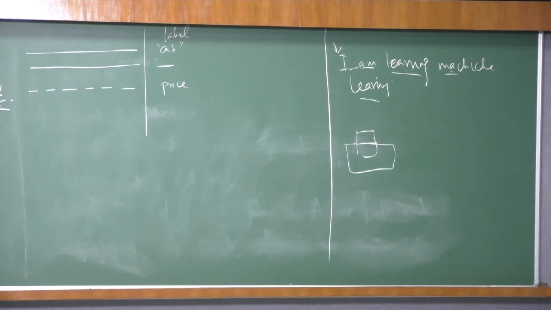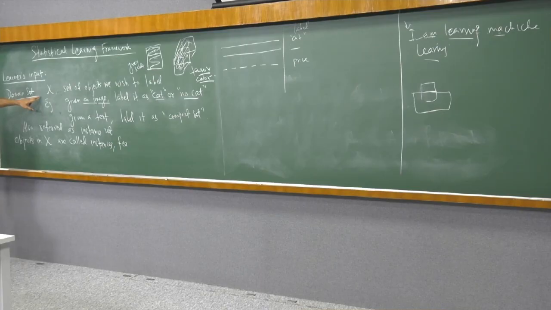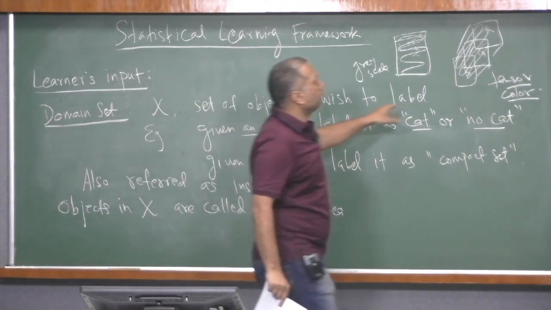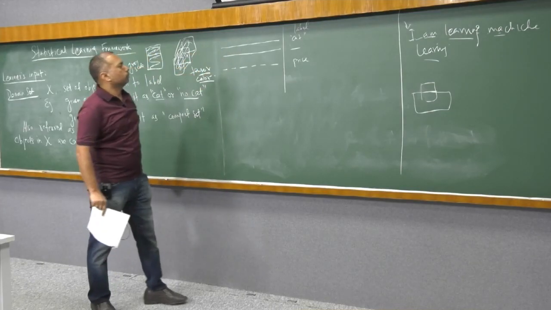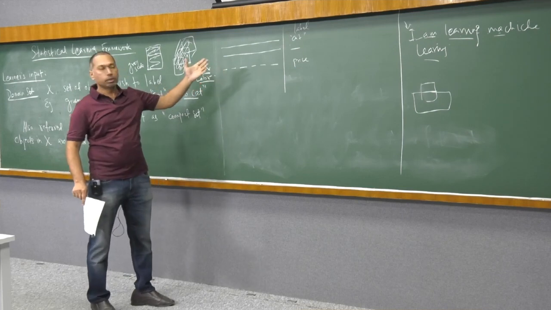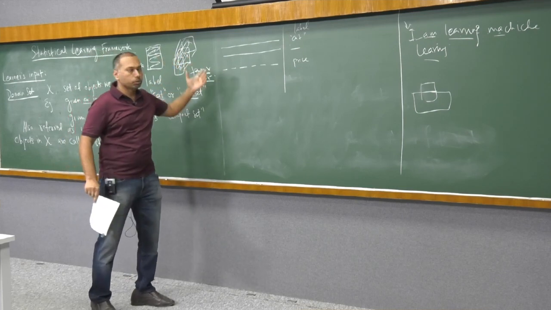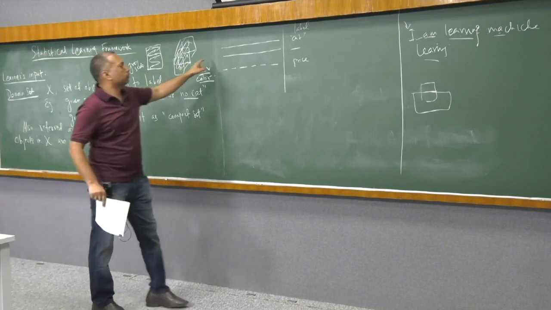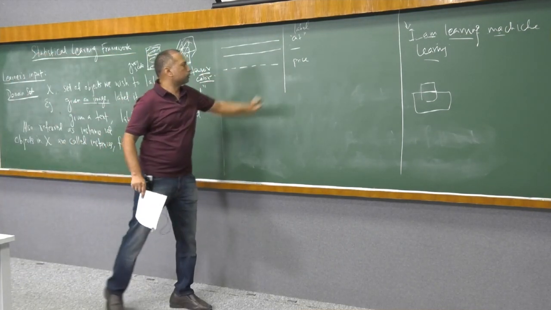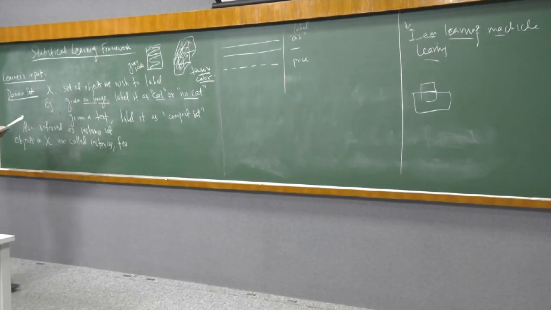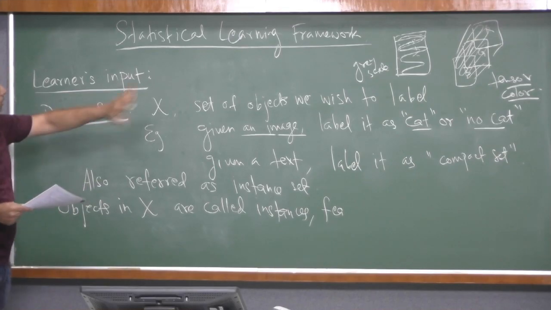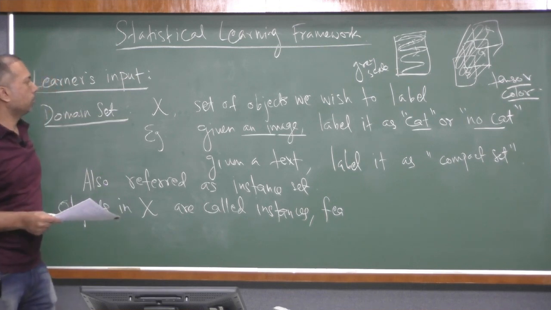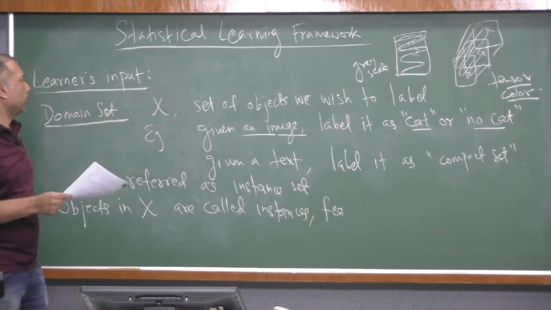We will come to that in detail. But in the context of a domain set for a learner, it could be a set of images, a set of videos, audio, anything. They will be represented as some vector, and then these are the labels. So we understand now what the domain set is. The domain set is essentially any set of things that I want to learn, encoded as vectors.